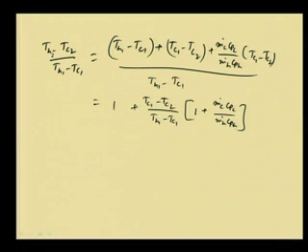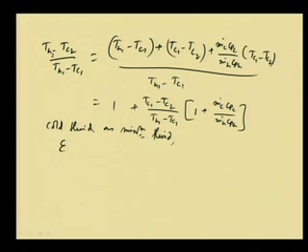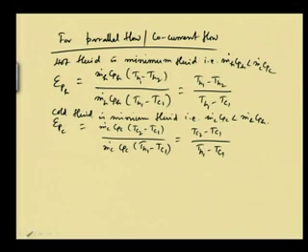Now, if we say cold fluid is the minimum fluid, then for effectiveness, already we have seen for parallel flow with cold fluid as the minimum fluid, epsilon is (Tc2 minus Tc1) by (Th1 minus Tc1).